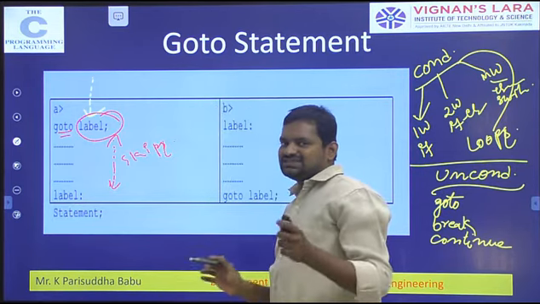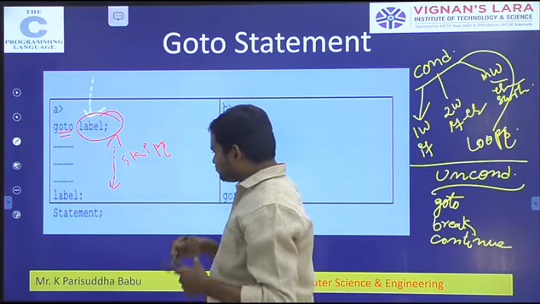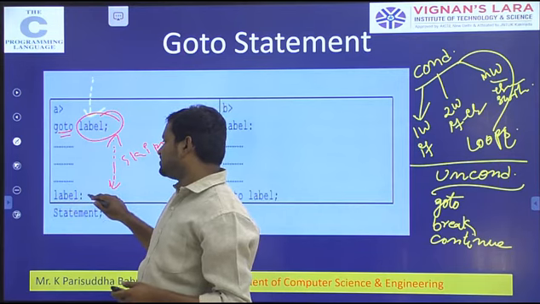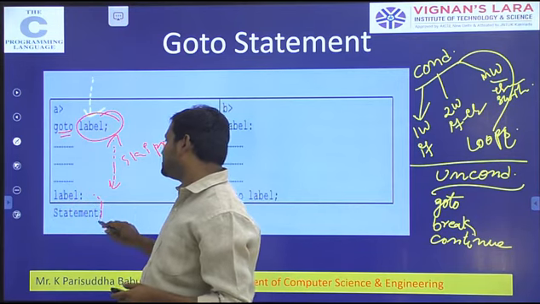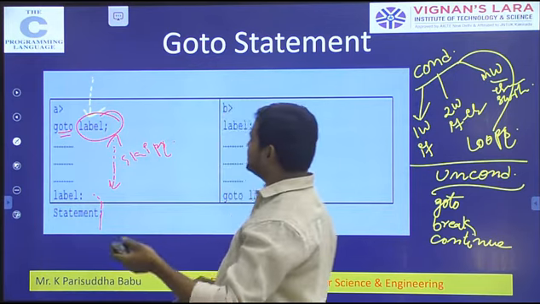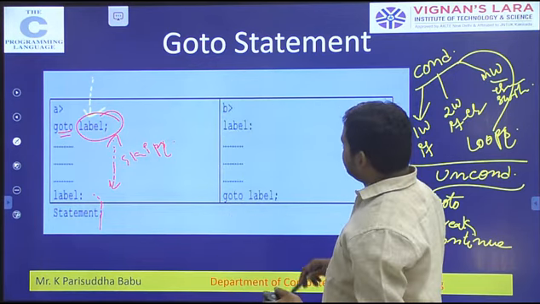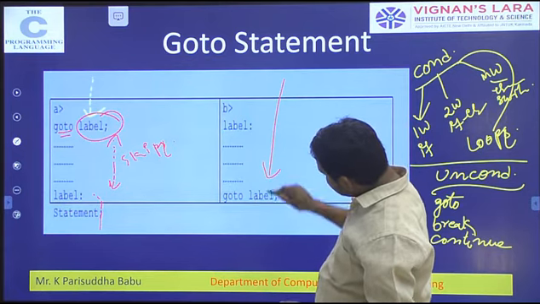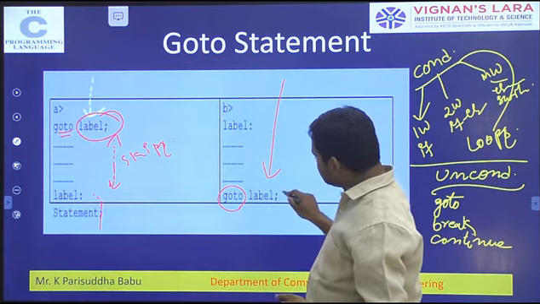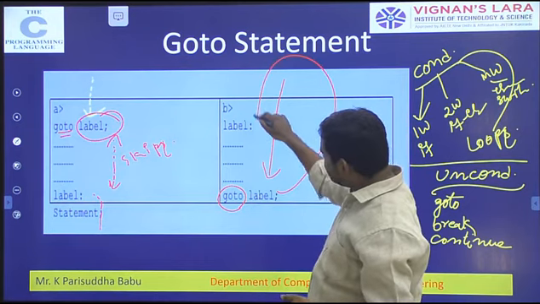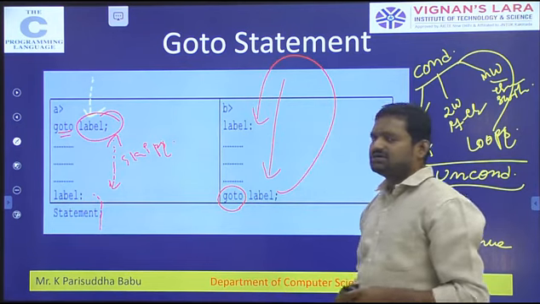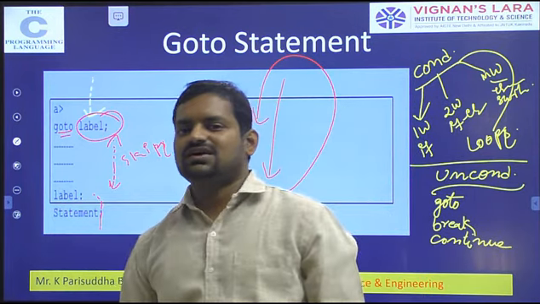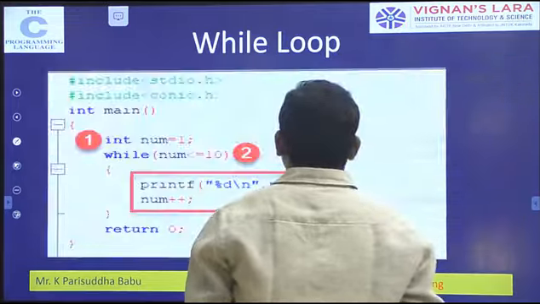After skipping, control goes to the label, and only at that time those statements will be executed. Wherever the goto statement is there, control jumps again from here to here. Label encountered, goto, no condition, automatically the control will go another way.